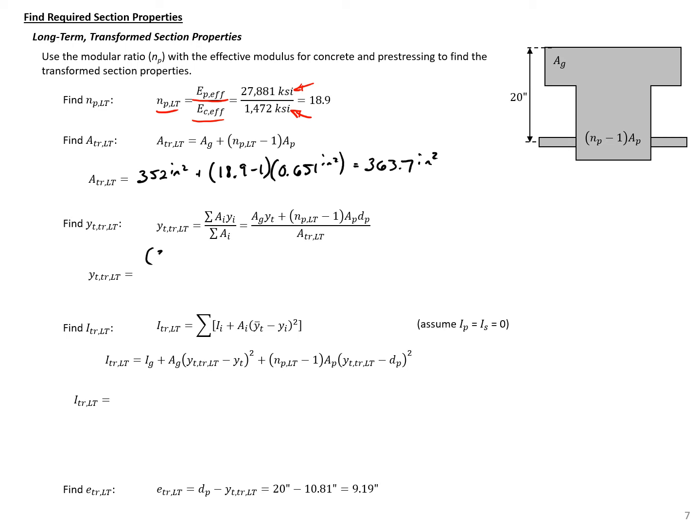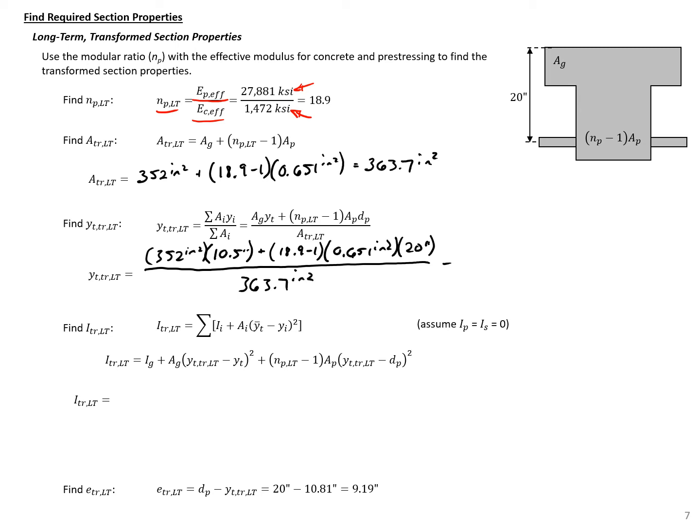Our transformed centroid, the distance from the top to the centroid of our long-term transform section, will be 352 times 10.5 inches plus (18.9 minus 1) times 0.651 square inches times 20 inches, distance from the top to the centroid of our strands. And this is all divided by 363.7 square inches, our transformed area.